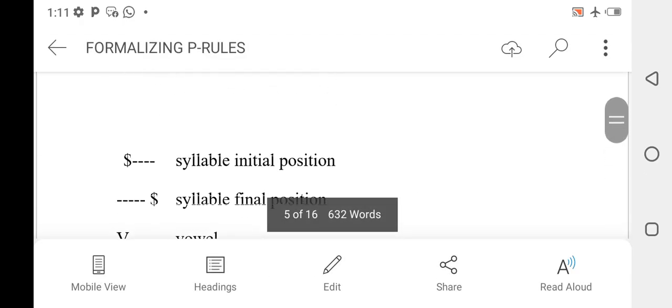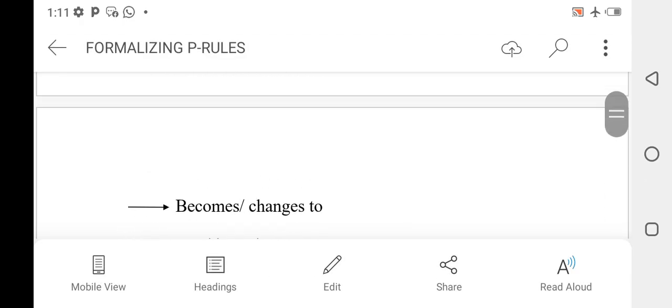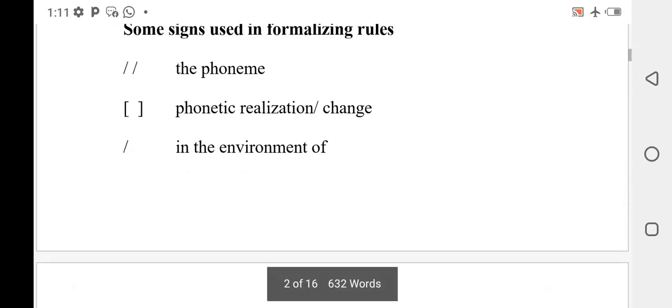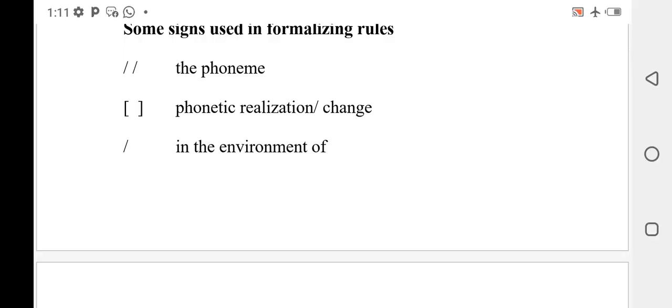Remember we have said all these things, the way you could put them when you are talking about a phoneme that is realized as something, okay, in the environment of. So when it has finished realizing, or it has been realized, it is enclosed in square brackets as the phonetic realization.